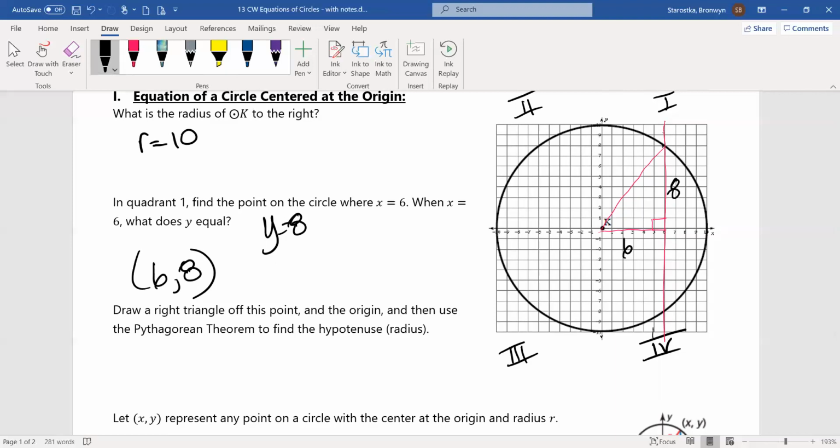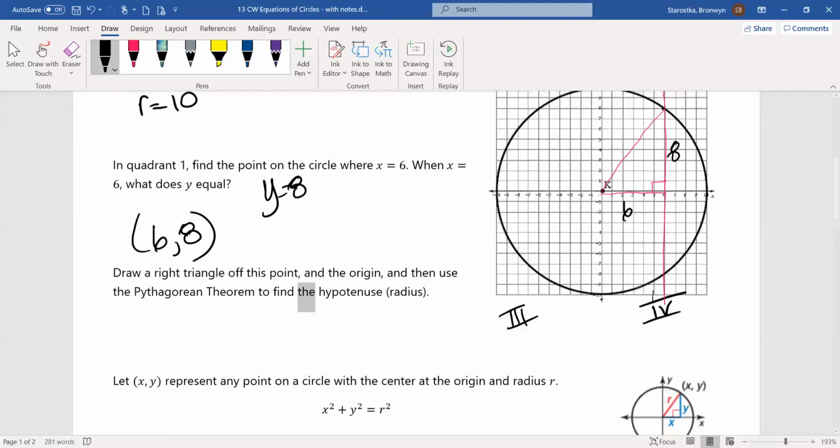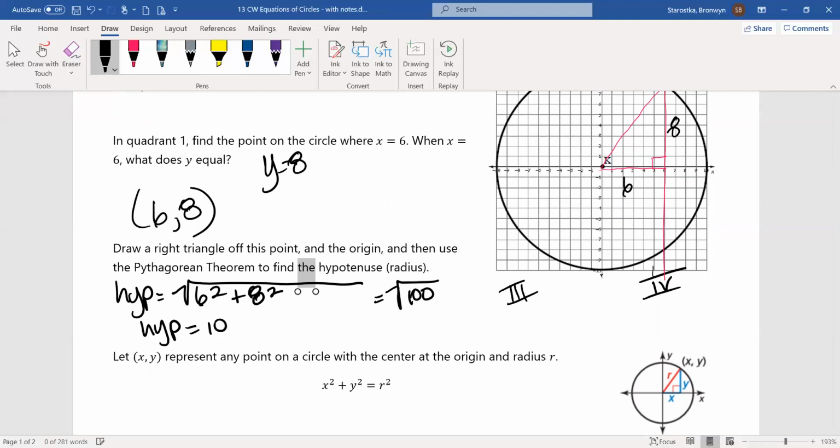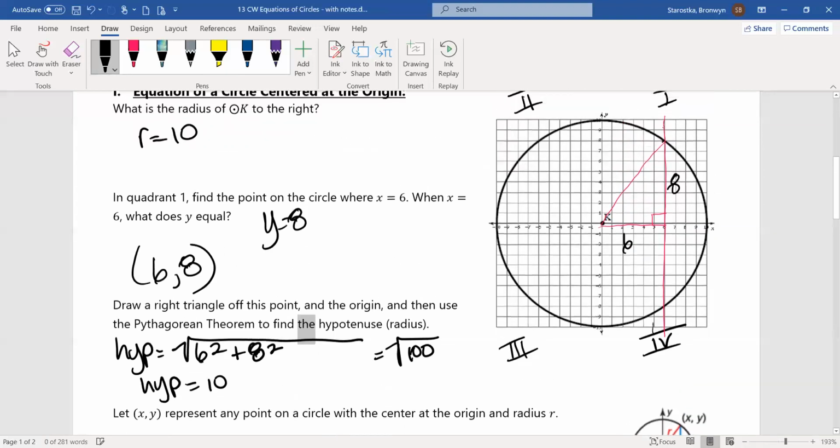And you should see that that's a scaled up version of the 3, 4, 5. But if not, our hypotenuse equals the square root of 6 squared plus 8 squared. 36 plus 64 equals the square root of 100. So our hypotenuse equals 10, but our radius also equals 10.